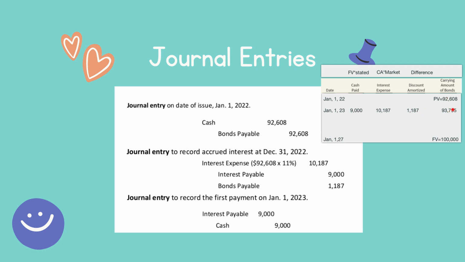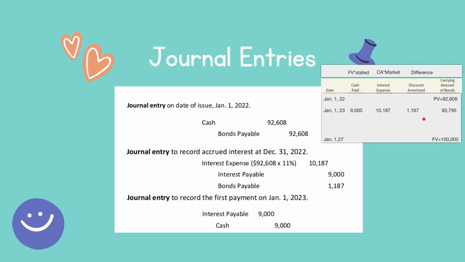But if it was issued at premium, the present value will be higher than the face value, so I need to subtract the difference each time. But now, when it's discount, I'll add each time. So 92,608 plus the 1,187, we're gonna get 93,795. Okay. Now after 5 years, we're gonna do this line 5 times. After 5 years, you should reach the face value.